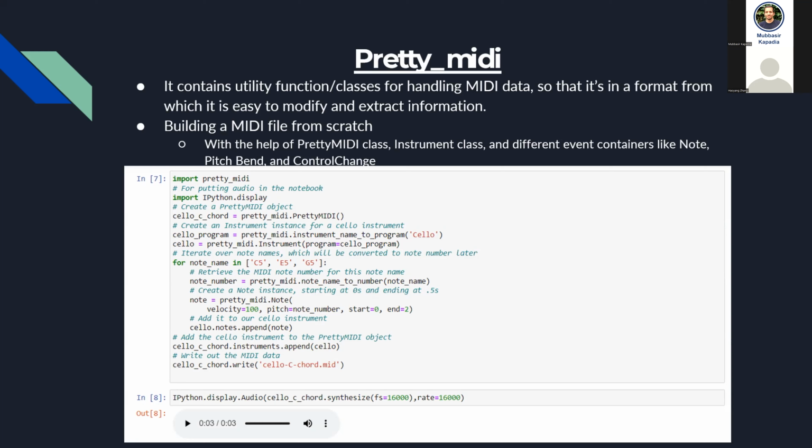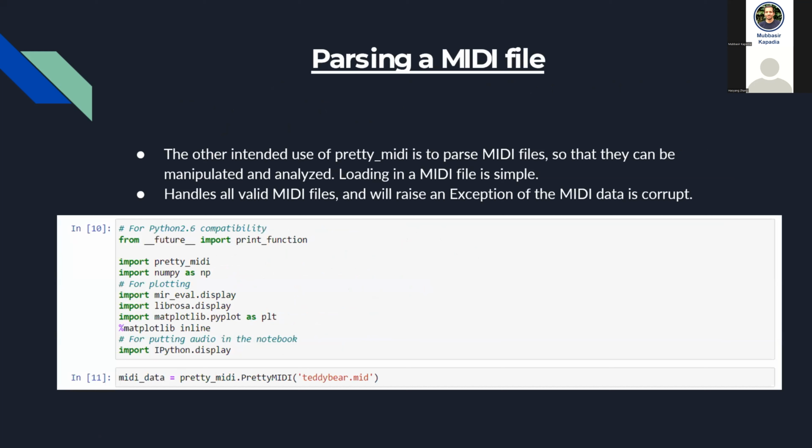It contains classes for handling MIDI data in a format that is easy for us to extract from, and we can also create MIDI files from scratch. We wrote this code in a Jupyter notebook, which we have uploaded to the GitHub repository. Using IPython display, we can also listen to the MIDI audio.